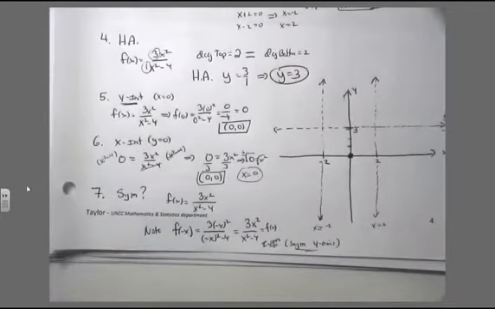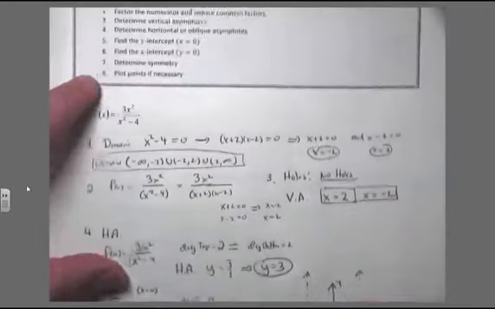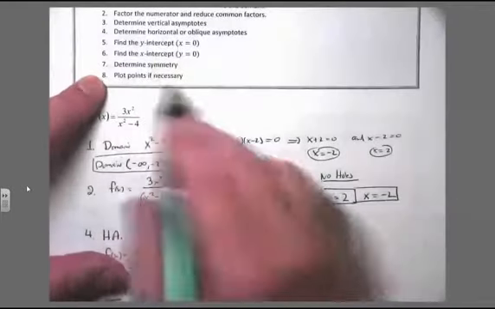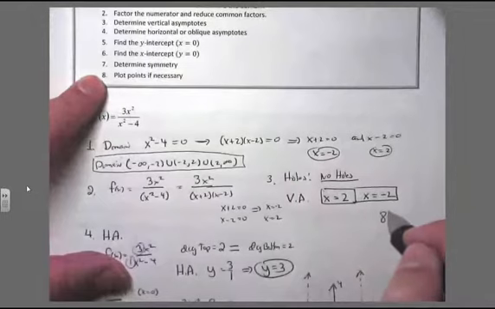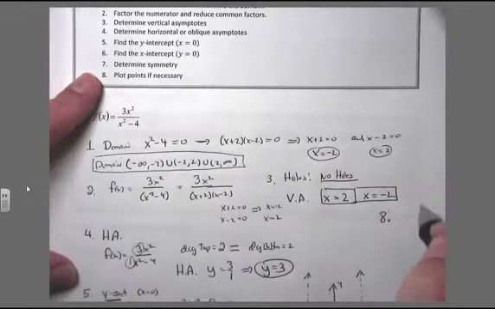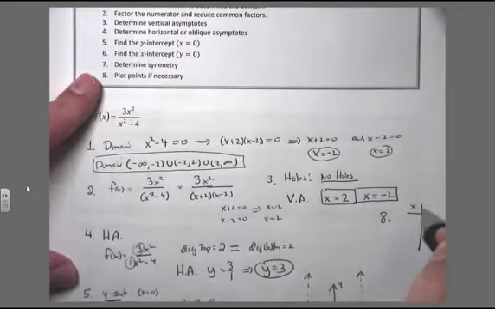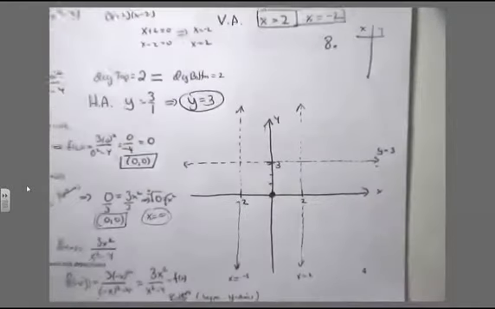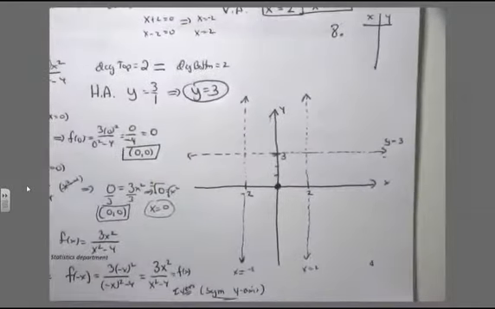But the most important step besides finding the vertical and horizontal asymptotes on this rational function is this last step. Last step, number 8, is you need to plot points if necessary. You're not just plotting a bunch of points, you're going to plot some special points. Which special points do you want to plot?